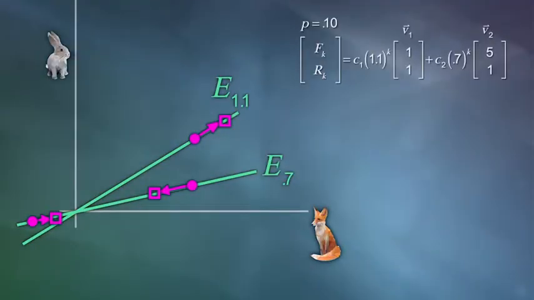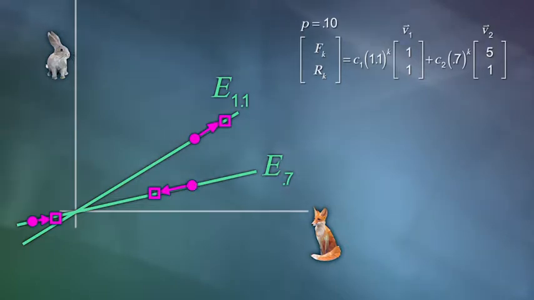And in this diagram, the 1.1 eigenspace is denoted by E sub 1.1, and the 0.7 eigenspace is denoted by E sub 0.7. For the points in the 1.1 eigenspace, you get an expansion by 10% at each step. And for points in the 0.7 eigenspace, you get contraction by 30% at each time step.